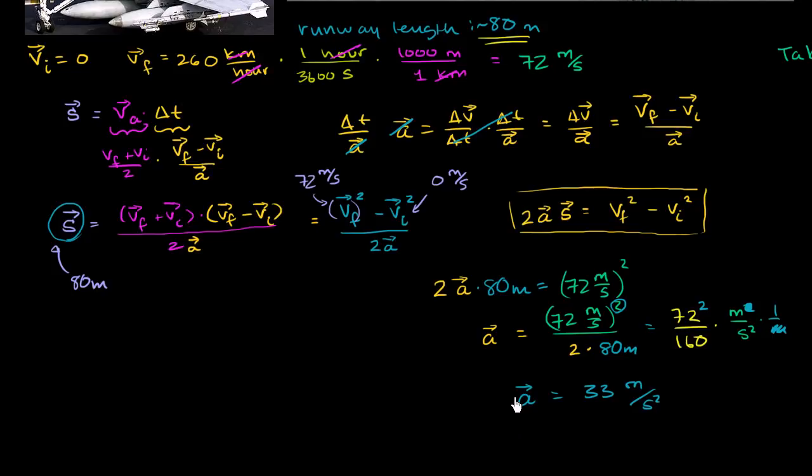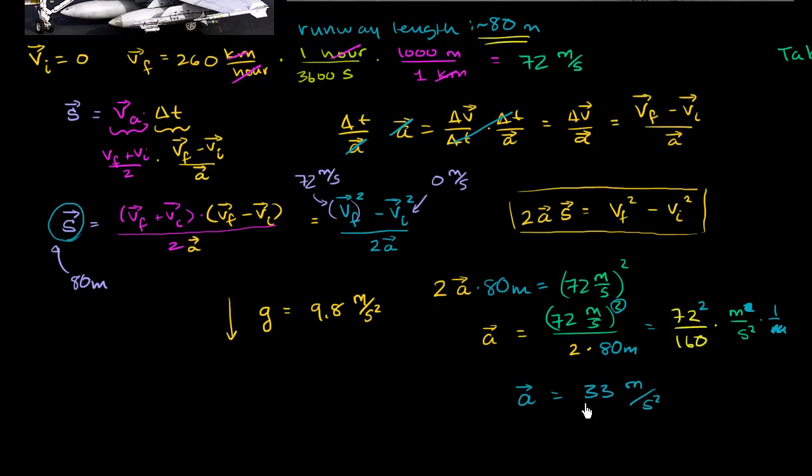And just to give you an idea of how much acceleration that is: if you are in free fall over the Earth, the force of gravity will be accelerating you. So g is going to be equal to 9.8 meters per second squared. So this is accelerating you three times more than what Earth is making you accelerate if you were to jump off of a cliff or something.